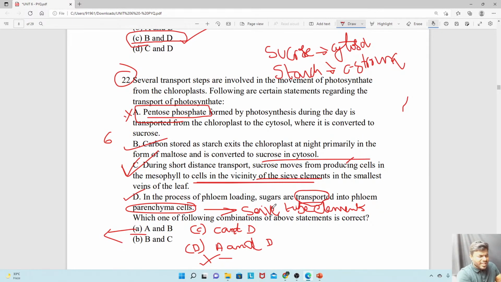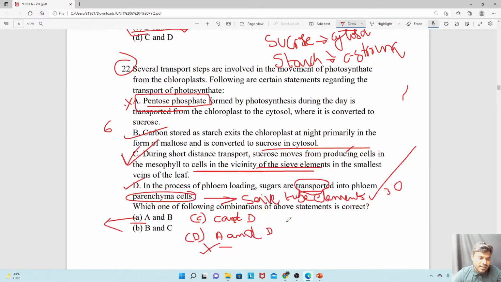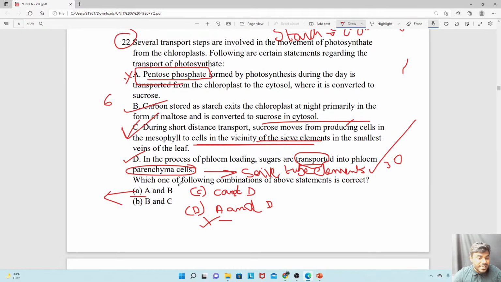From the parenchyma it just enters into the sieve tube element and companion cell. It is never transported there. Transport occurs only through the sieve tube element. Friends, I have explained this concept continuously for more than 30 minutes. How can parenchyma cells be involved in the movement? Only sieve tubes. So you can make this statement wrong. So the correct answer is B and C. Hence the correct answer is B.